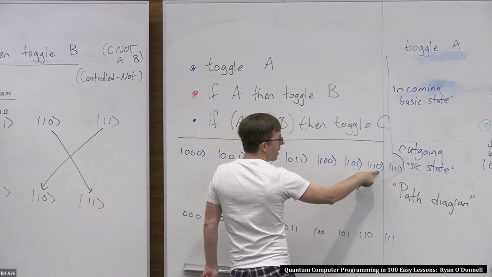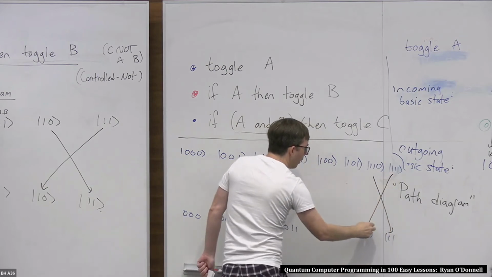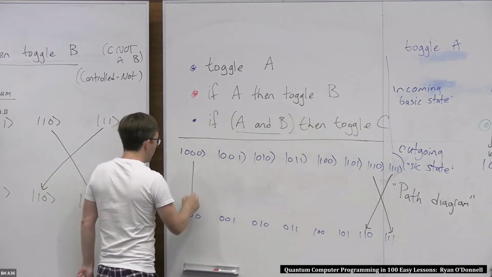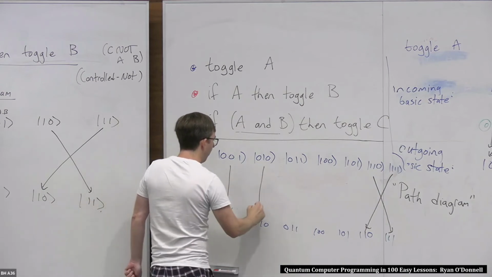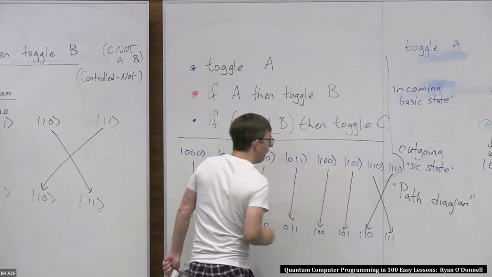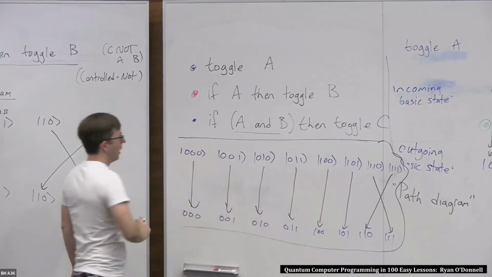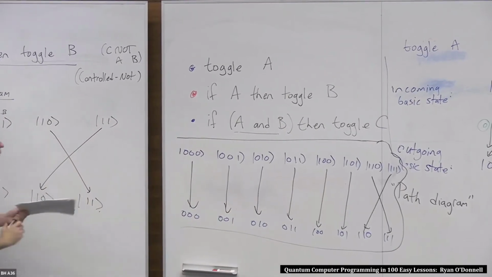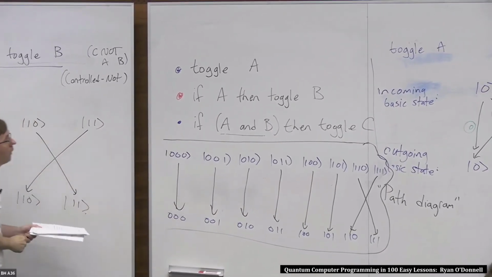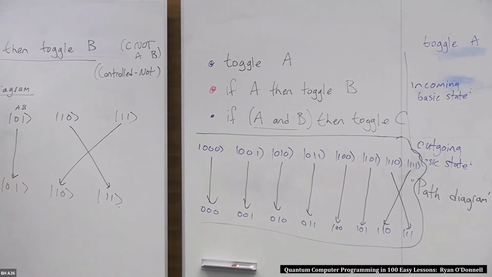When A and B are both 1, C gets toggled, so we have this diagonal arrow. And everything else just doesn't change. So this kind of crazy thing is the paths diagram for this instruction. I will not draw the 8x8 matrix because that's very tedious, but you can do it.